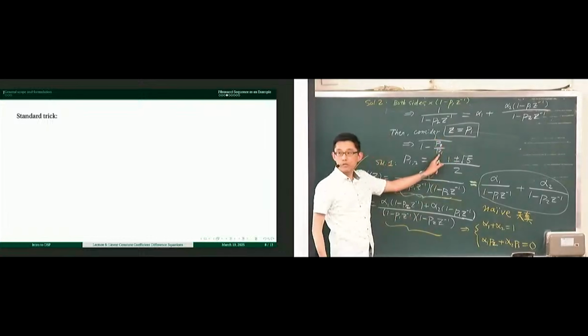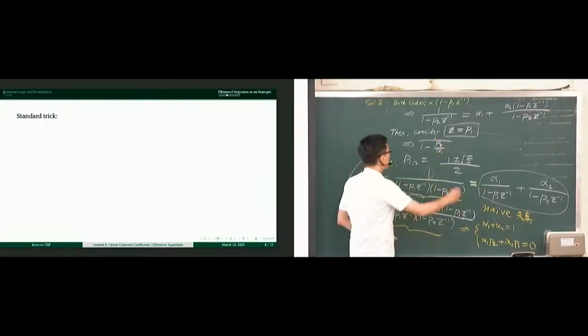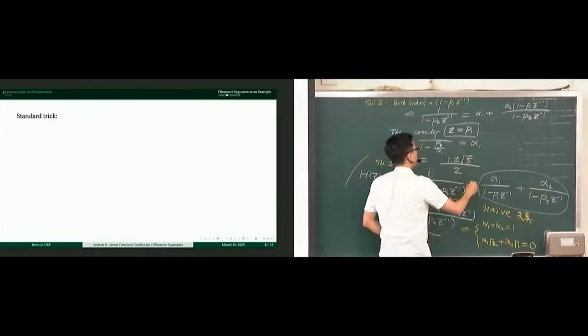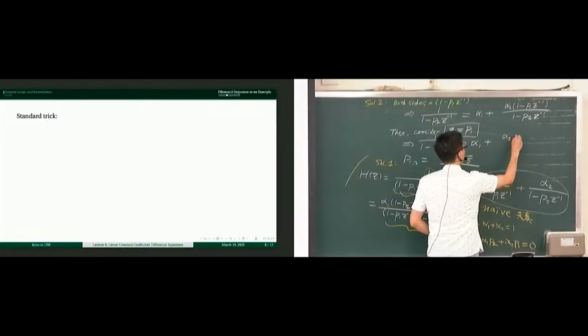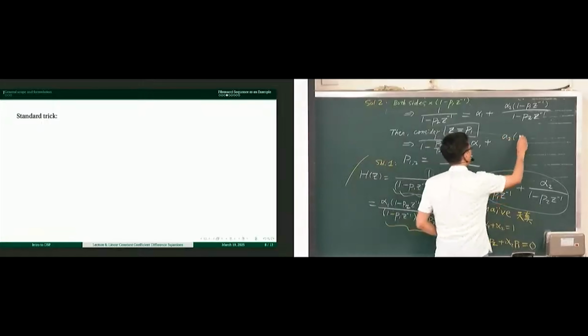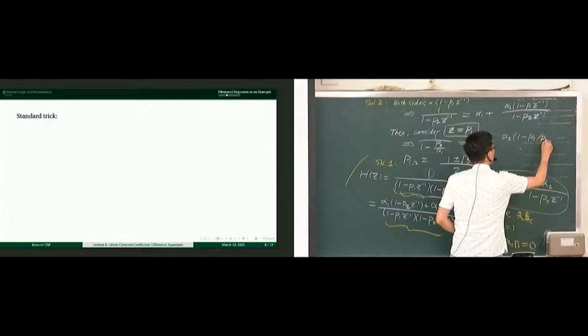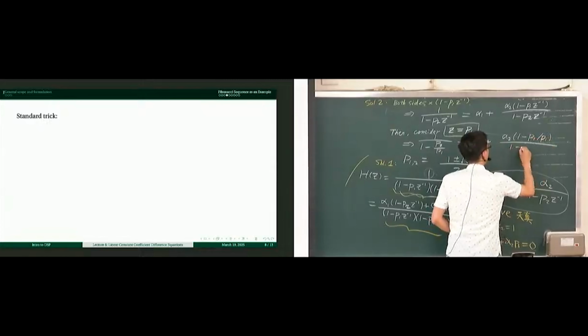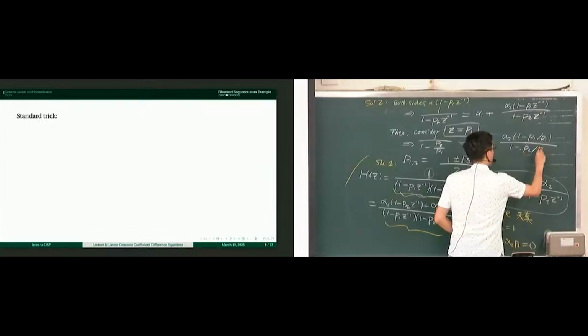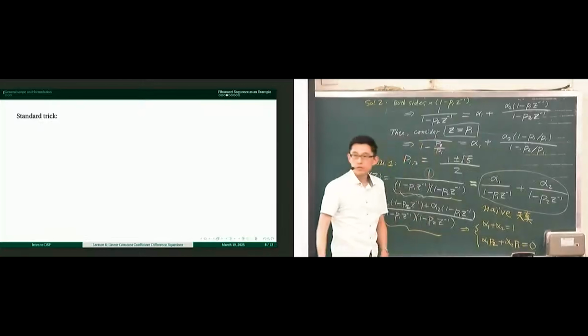Z equals to P1, okay? Equals to alpha 1 plus what? Plus this big term right here, but it's 1 minus P1, Z equals to P1, and at the bottom is not important anymore. But for the sake of completeness, I finished writing, okay?